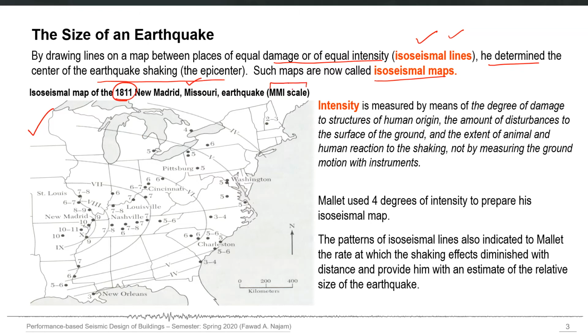We will discuss that in a later part of this lecture, but this scale classifies the intensity from 1 to 12, and you can see here the points, for example 10, 11, similarly 7, 8, 6, 7, all 5. All of these numbers indicate the intensity observed at that particular point. If you join all those points having the same intensity level based on the observation, you will get isoseismal lines.